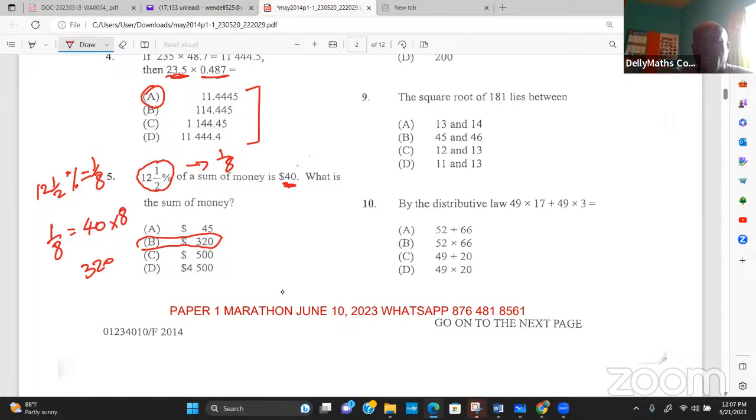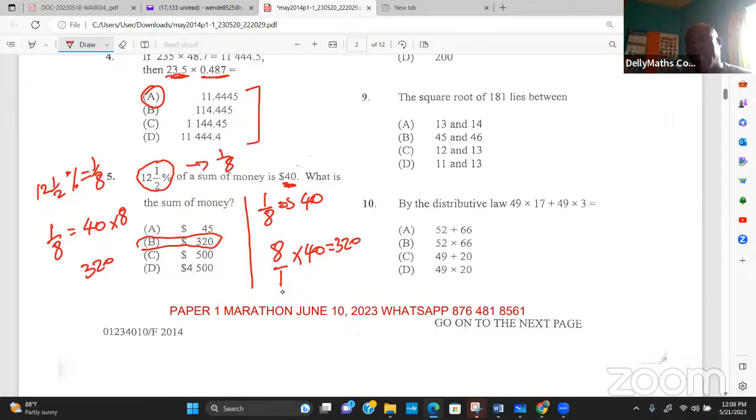Another thing that you could do is if you get the fraction of a thing. If you understand that 1/8 is 40, then to find the original amount, you reciprocate, then it becomes 8/1. You times it by 40, and you will still get the answer. So there are a number of ways.